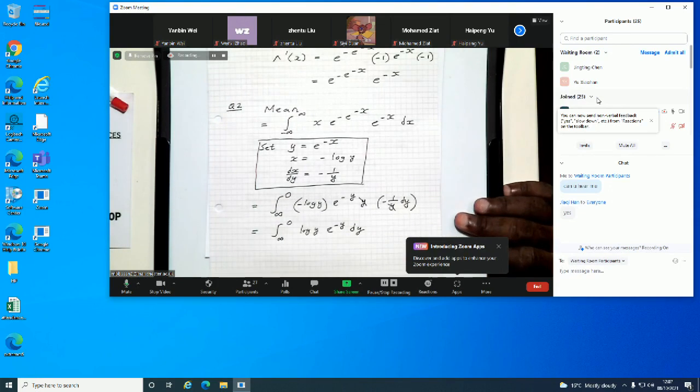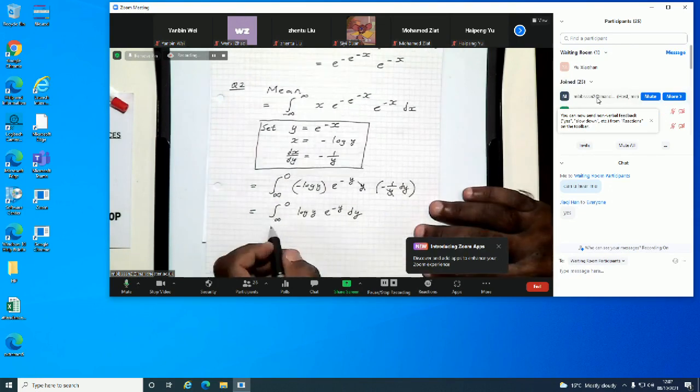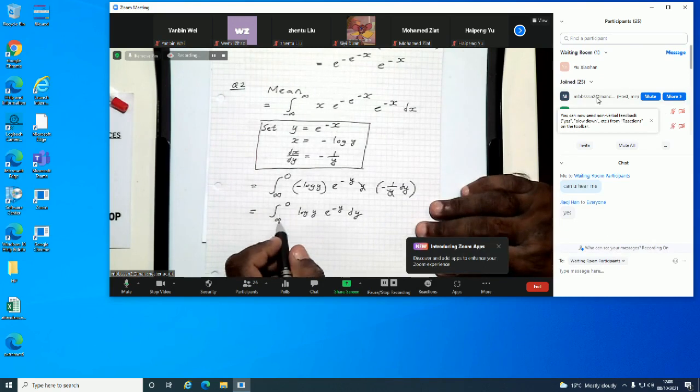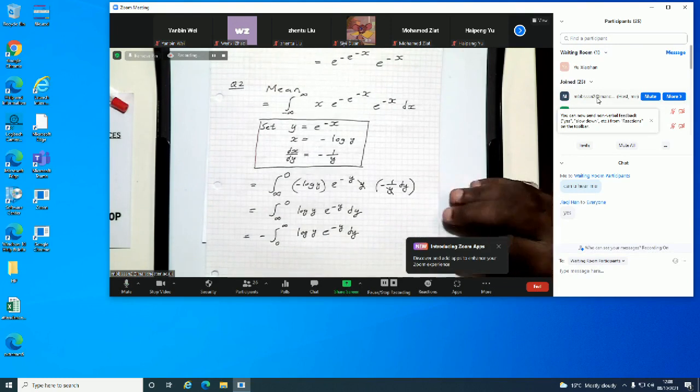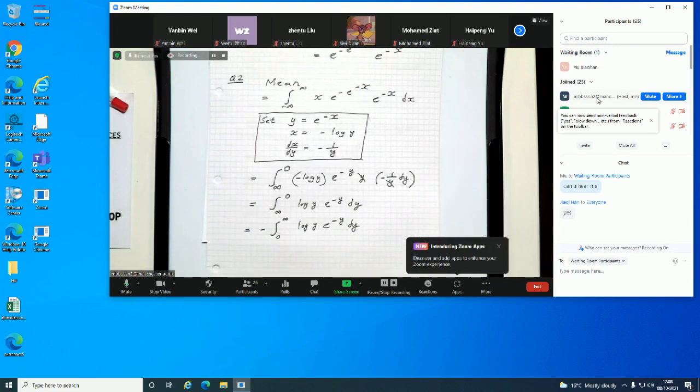I hope I'm correct. Now to change the limits around, because it goes from infinity to 0, you want to change it back from 0 to infinity, right? So you introduce a minus sign. You know that, right? When you change the limit, you need to multiply by minus.